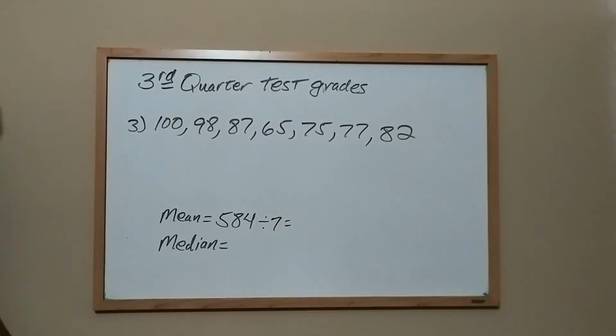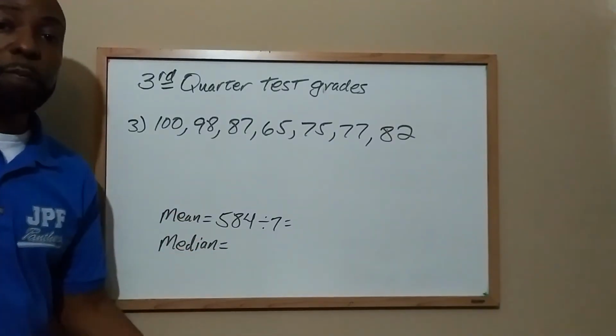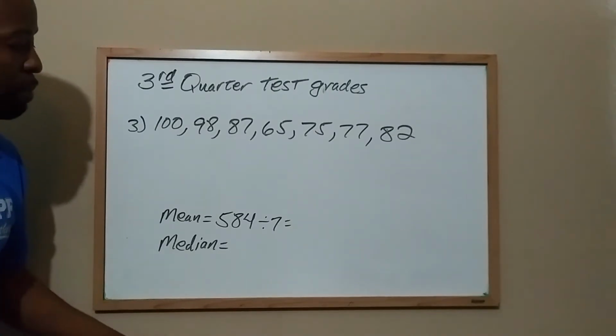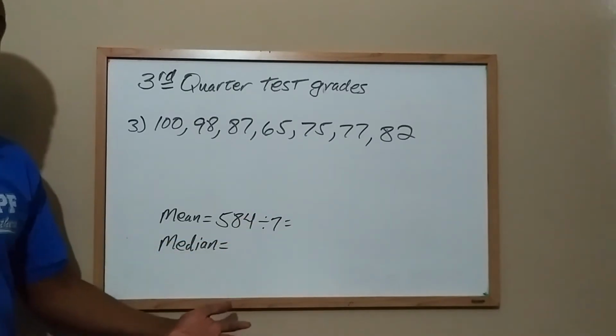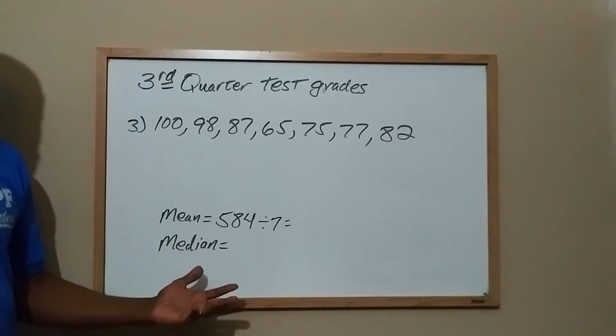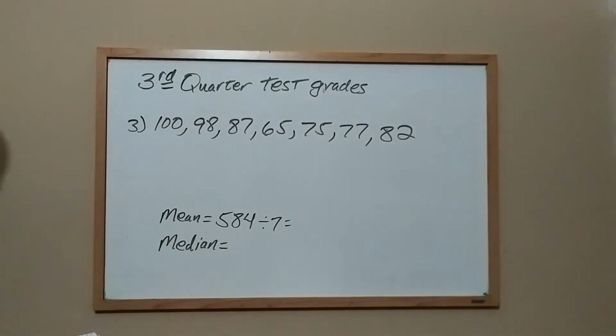When you divide 584 by 7, you come up with a whole number and a decimal, and the decimal goes on and on if you did it with the calculator. So we are going to round our answers to the hundredths place.